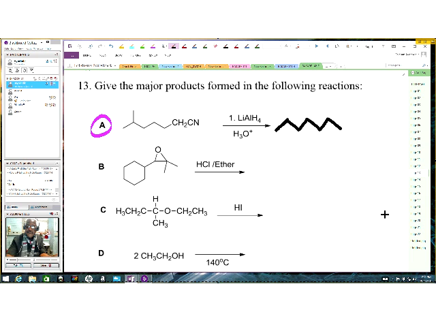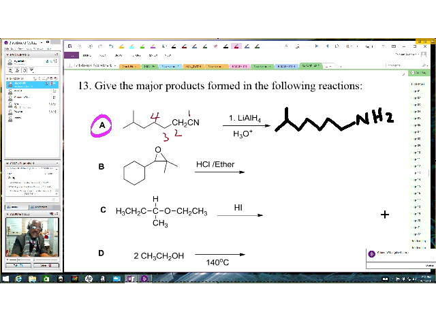See what we've done here. Let us go ahead and number this carbon here. If we say the carbon that is attached to the nitrogen is 1, that is 2, that is 3, that is 4, 5, 6, 7. Let's call this 8 here.